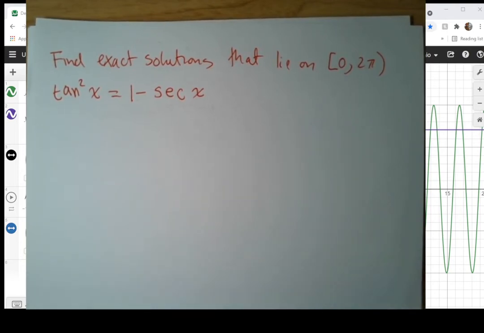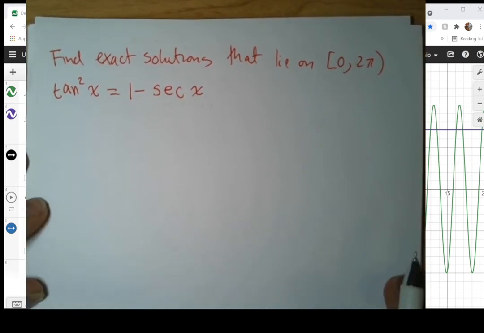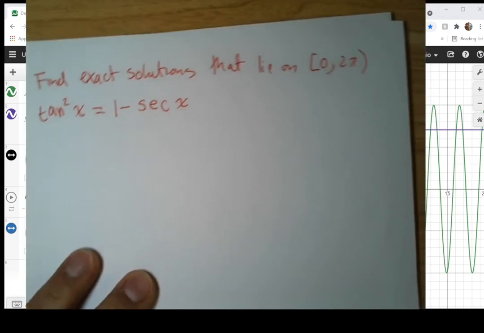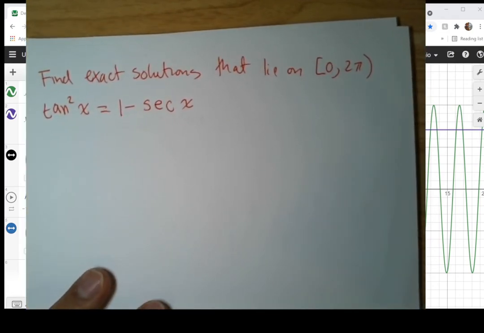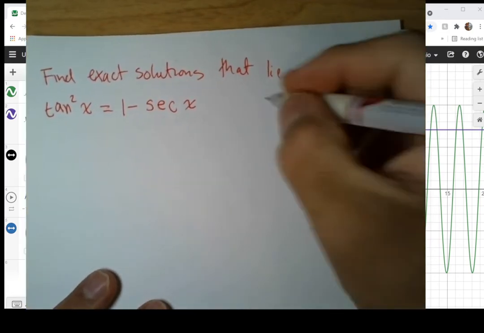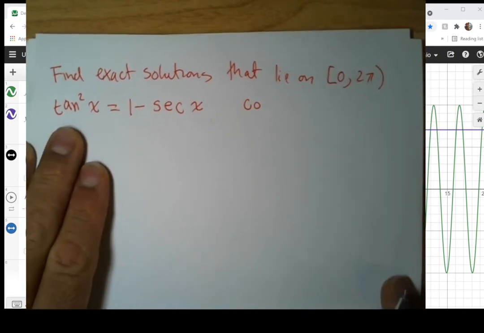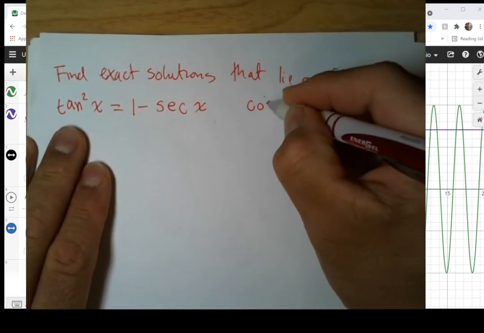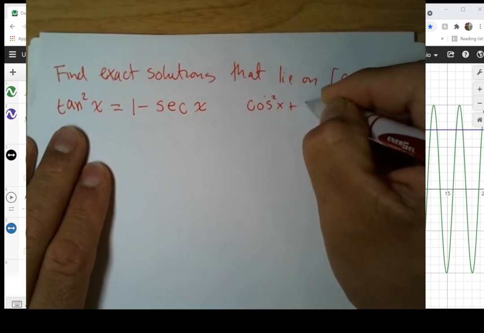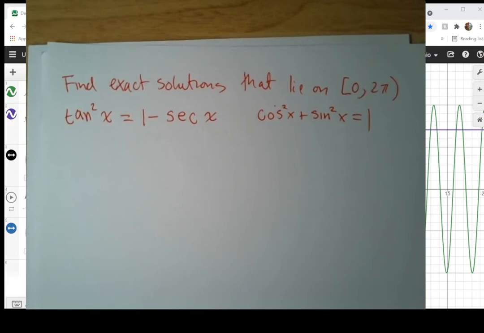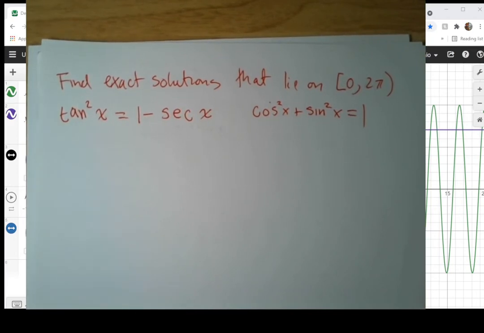Now looking at this, I have a tangent squared and a secant of x. Hopefully when you see squares of trig functions, you right away start thinking of the Pythagorean identity. Whenever I see a square of a trig function, I always think of my basic Pythagorean identity: cosine squared x plus sine squared x equals 1.